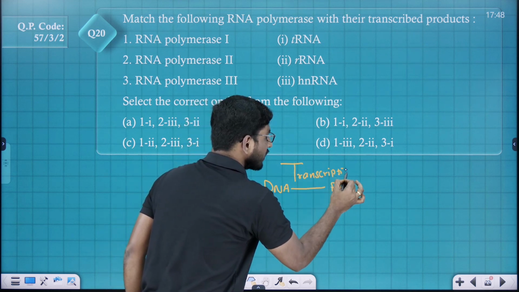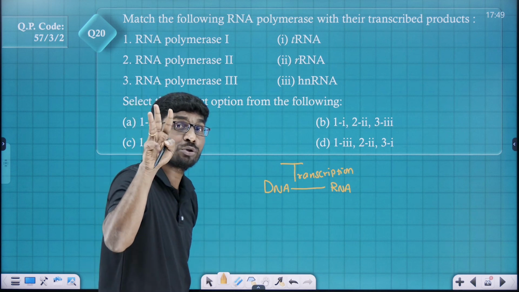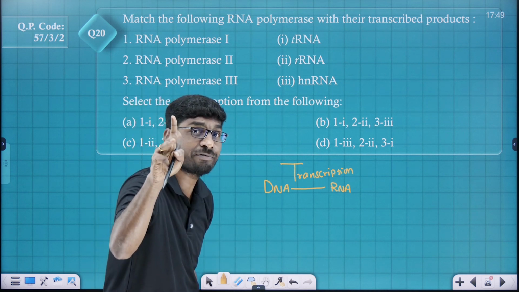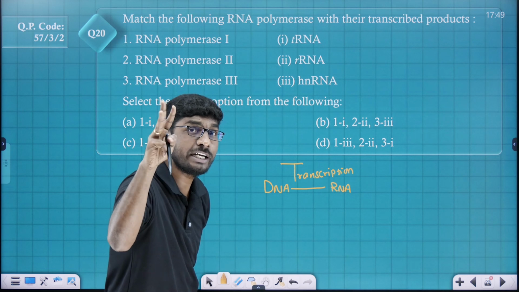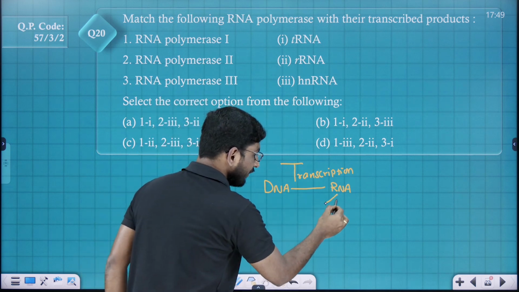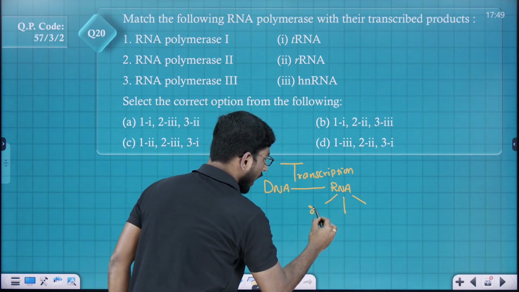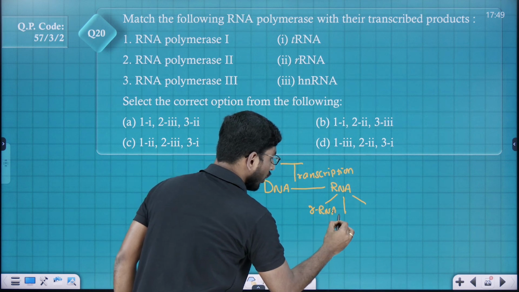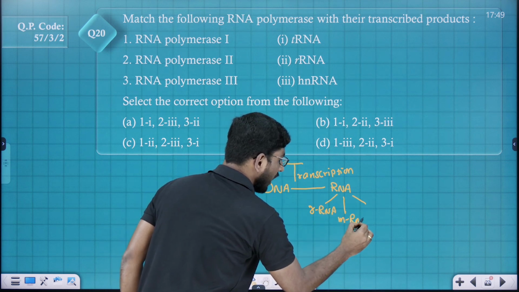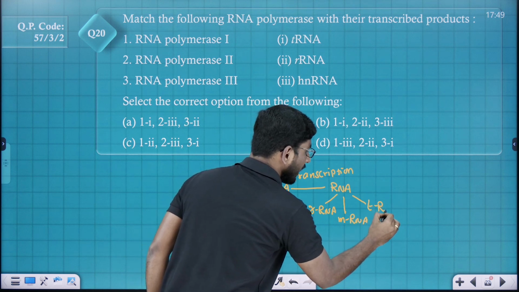Transcription. But here there are 3 different types of RNAs required for the synthesis of protein. What are the 3 different types of RNA? One is called rRNA, one is called mRNA or hnRNA, next tRNA.